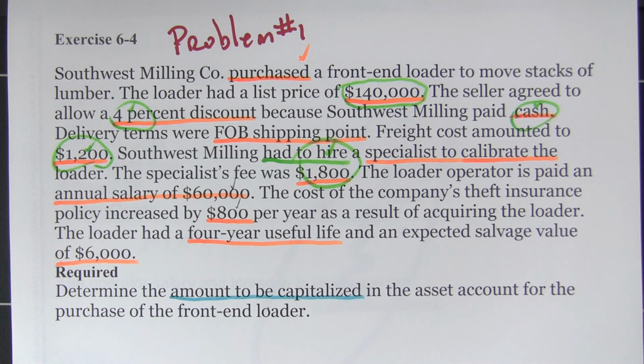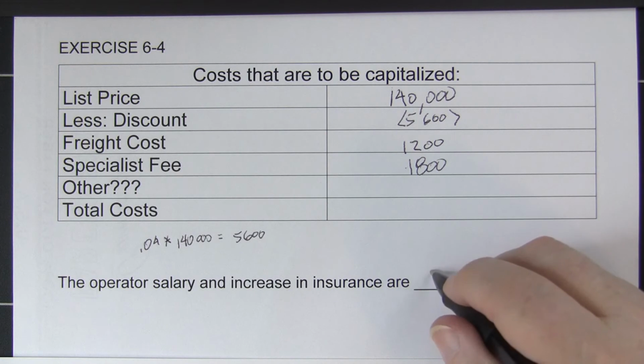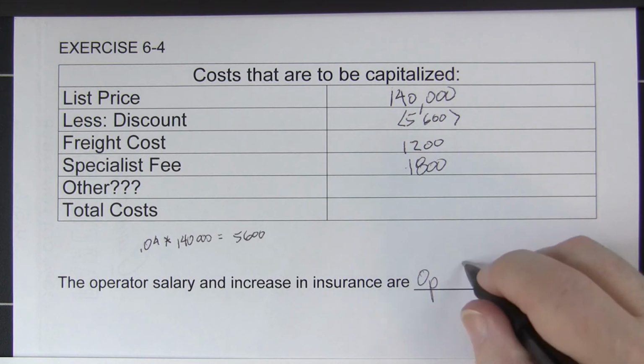That's related to the loader, but that's an annual charge, so that doesn't get added, because remember, the only things you add are the one-time upfront costs that are necessary to put the asset to its normal intended use. So the operator's salary and insurance are operating expenses.